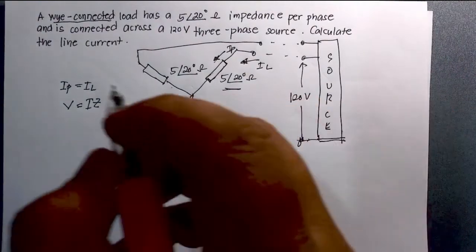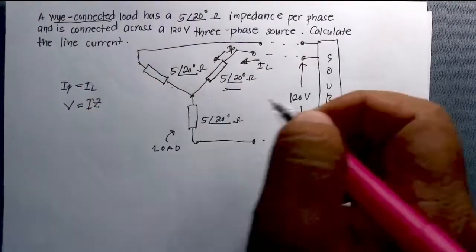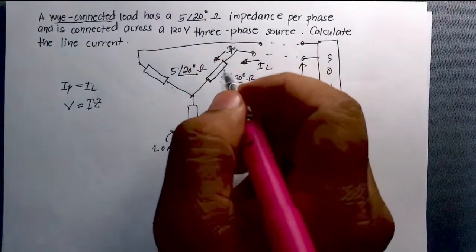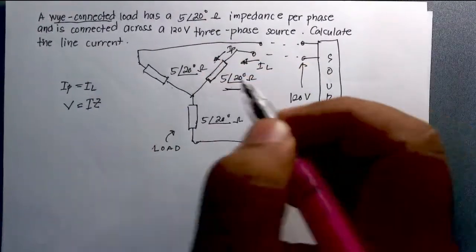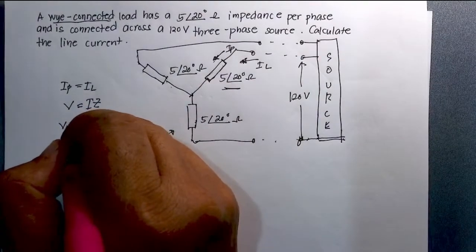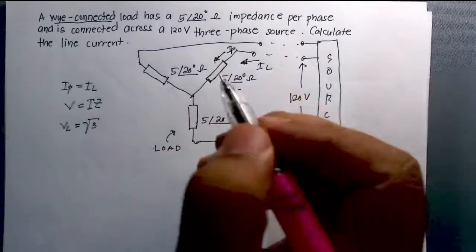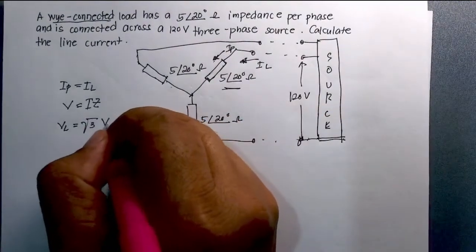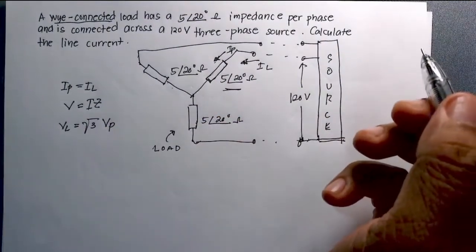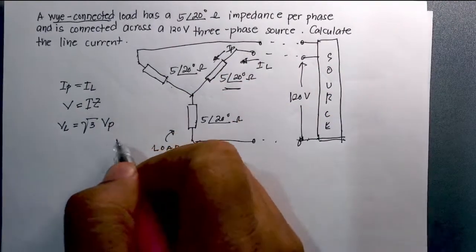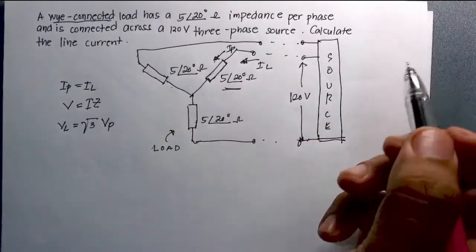So we know that in the Y connected, the line voltage equals the square root of 3 times the phase voltage.